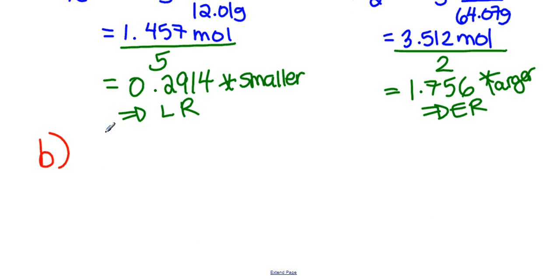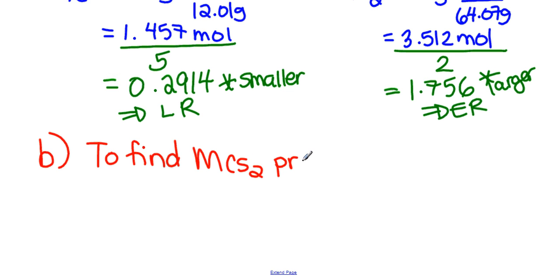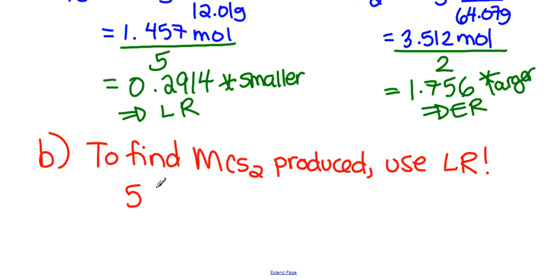So let's make a note here. To find the mass of carbon disulfide produced, use the limiting reactant. So let's rewrite our balanced equation.